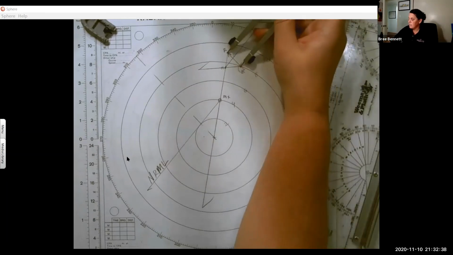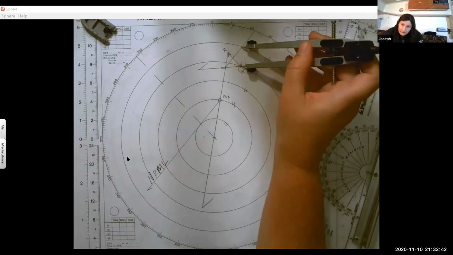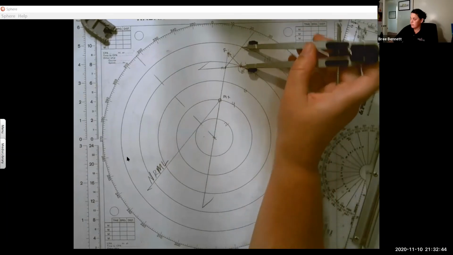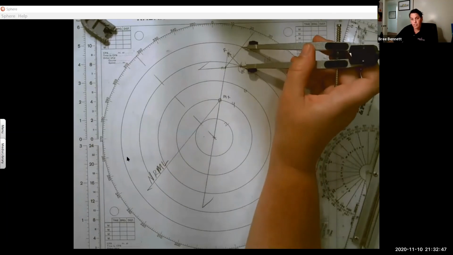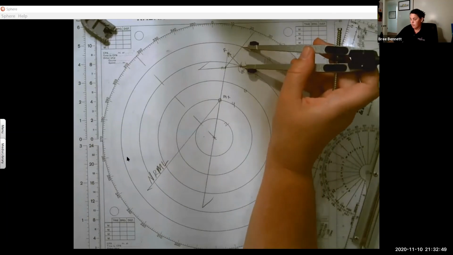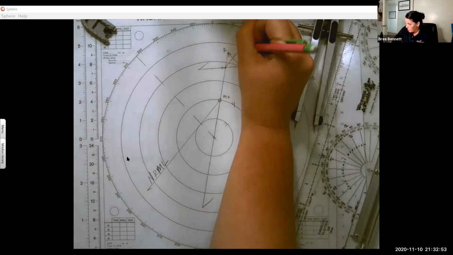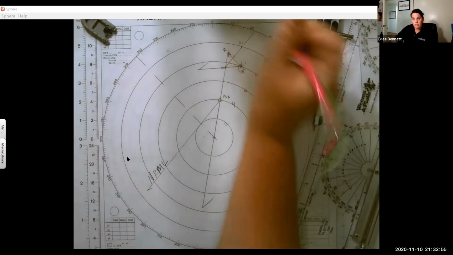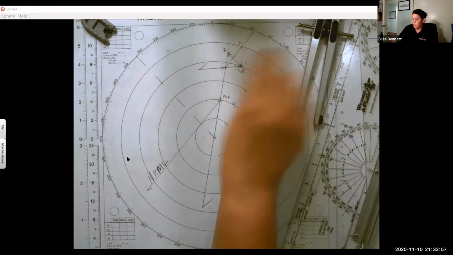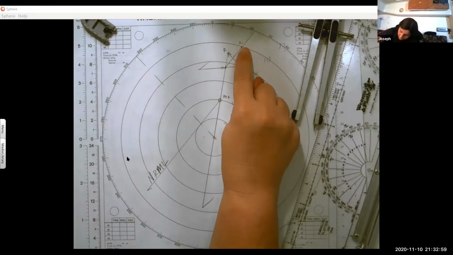If we keep our speed of 20 knots, where's E and the 20 knots going to cross this line? That's going to be right up there. So I'm going to have an R prime right up there.